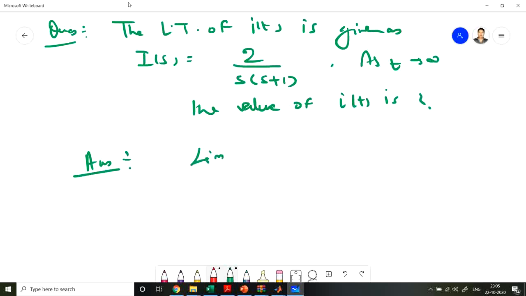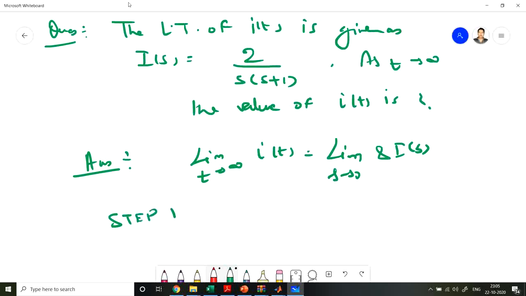So limit t tends to infinity i(t) is nothing but limit s tends to 0 of s into I(s). First, we find out whether it is bounded or not.